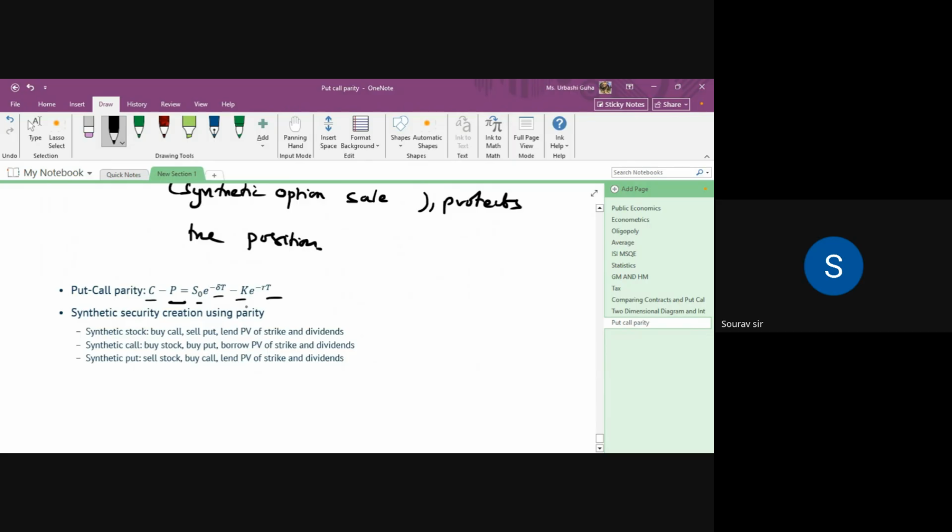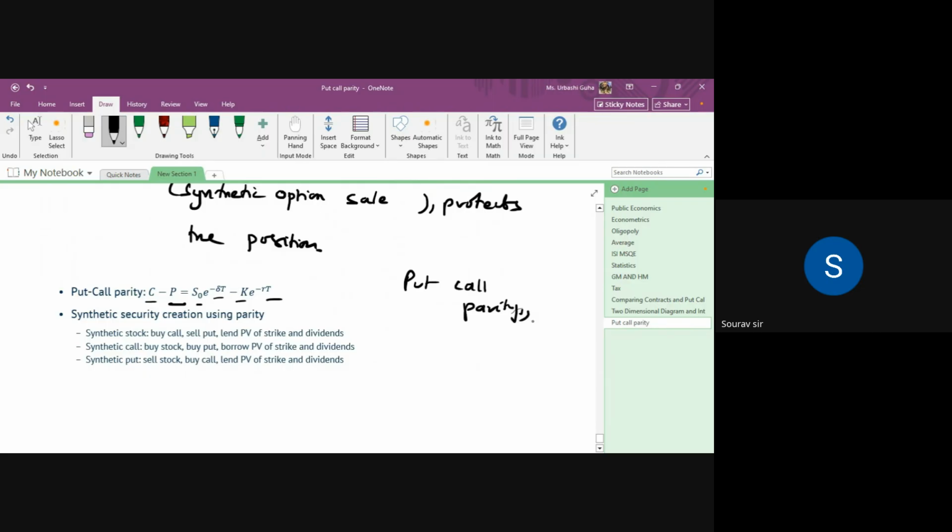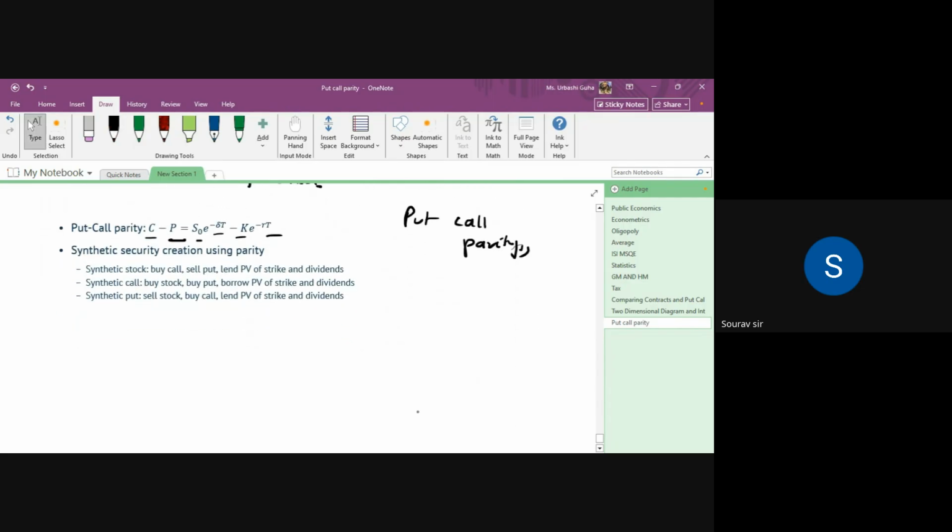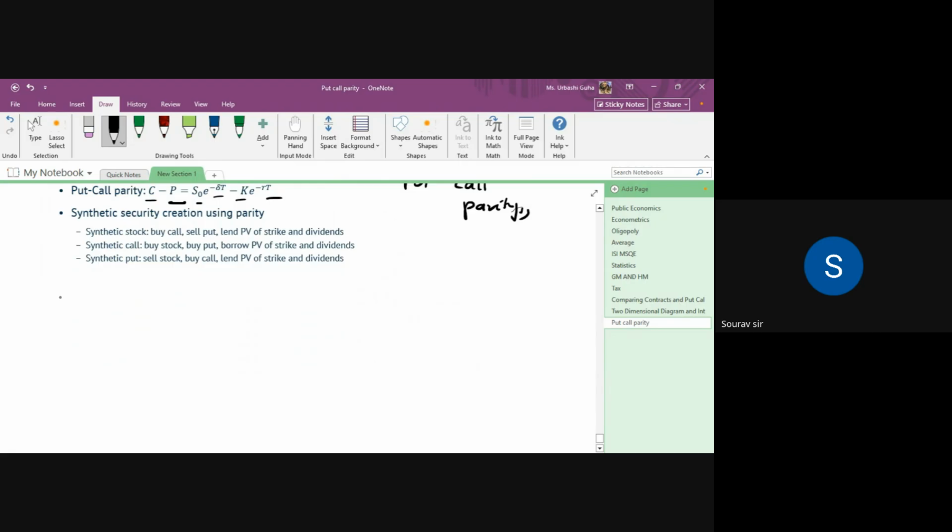So here, put call parity allows us to replicate one security by combining others.